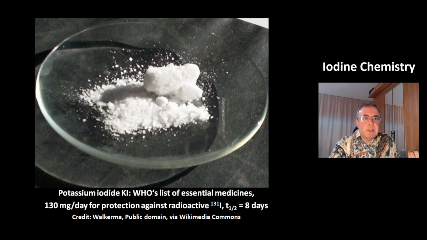Then the iodine-131 is not assimilated, but it's practically rejected. And this is how it works. And a half-life of 8 days means that in case of a fallout with iodine-131, after a few weeks, most of it will be gone.